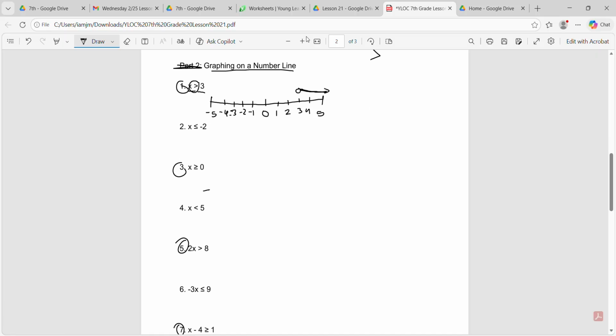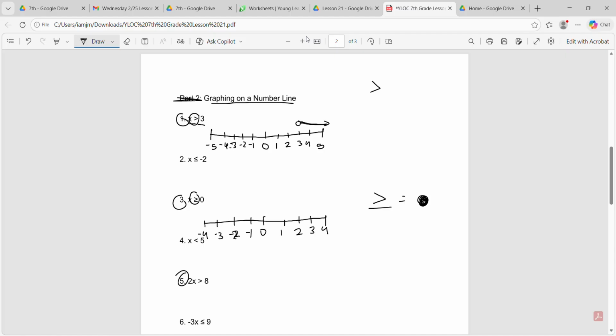Moving on, x is greater than or equal to 0. Zero, 1, 2, negative 1, negative 2, negative 3, negative 4, 1, 2, 3, 4. X is greater than or equal to 0. When we have greater than or equal to, we use an enclosed circle.